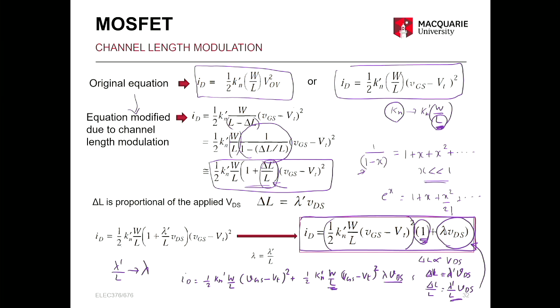So here is the second term that makes the ID increase further, because that depends on VDS. While in the first term there is no VDS term, so no matter how much you increase VDS, the ID would not have changed. But because of the second term, lambda VDS, as you increase VDS, the ID also will increase. Okay?